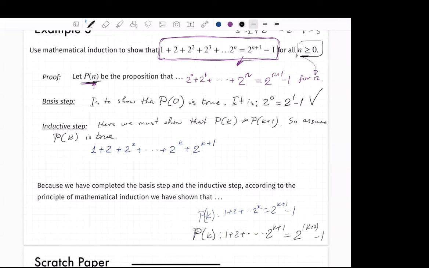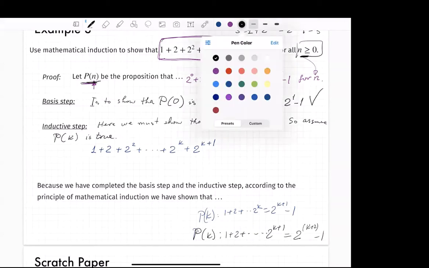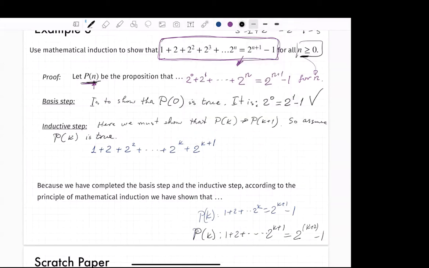Shouldn't it be k plus 1 instead of k? Shouldn't that thing at the bottom be P of k plus 1? Yes, of course. P of k plus 1. That's my P of k plus 1, and just to be clear, it is 2 to the k plus 2 minus 1.